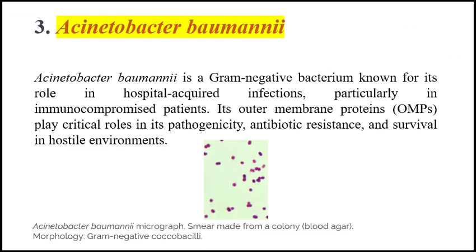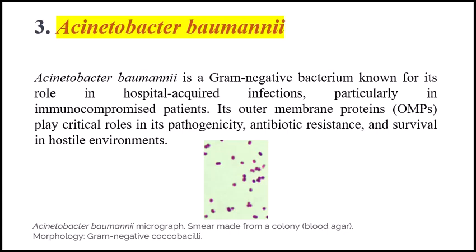The third one is Acinetobacter baumannii. It's a gram-negative bacteria. It means it has a thin cell wall and an outer membrane, so it stains pink in gram staining. But why is it important?